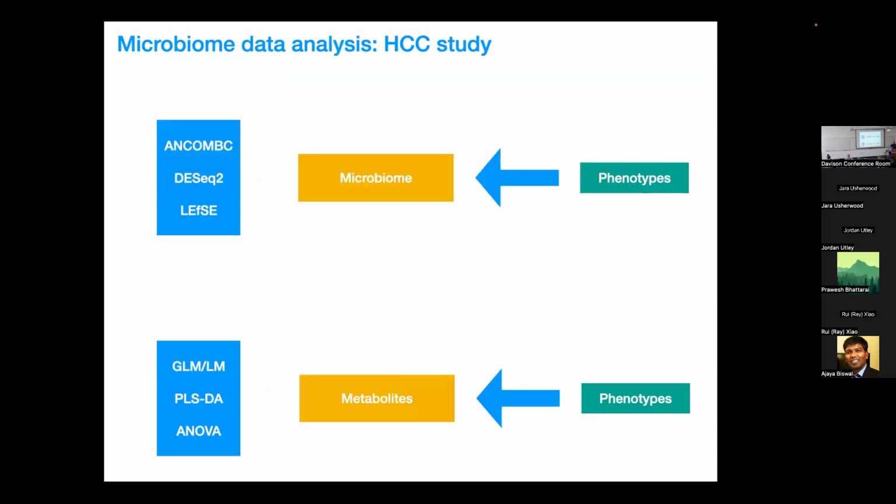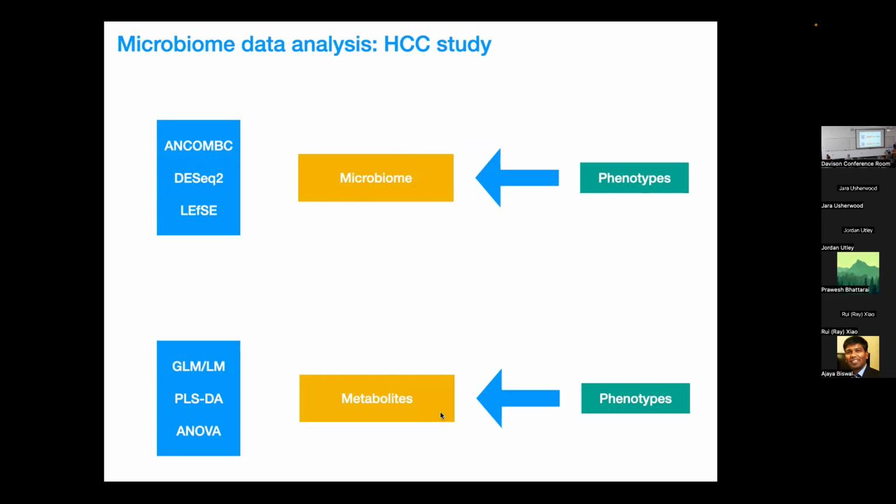Now, if you see the standard set of statistical approaches available to do this particular job, we often look at things like, with microbiome datasets, some of you might have seen DESeq, LEfSe or ANCOM-BC analysis used to identify a set of microbes that is differentially abundant as far as a given phenotype is concerned.